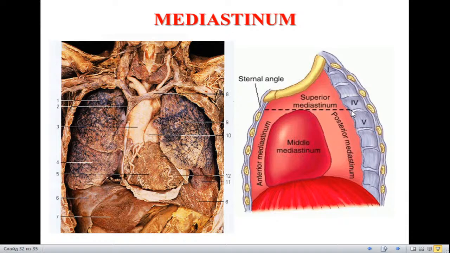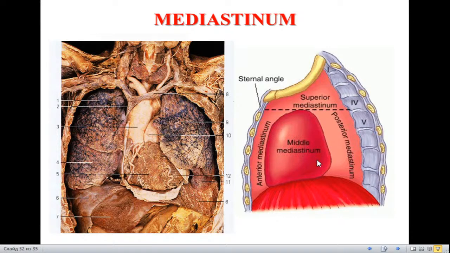Horizontal imaginary line. Those structures which are superior to this line are organs of superior mediastinum, and those which are inferior are organs of inferior mediastinum.